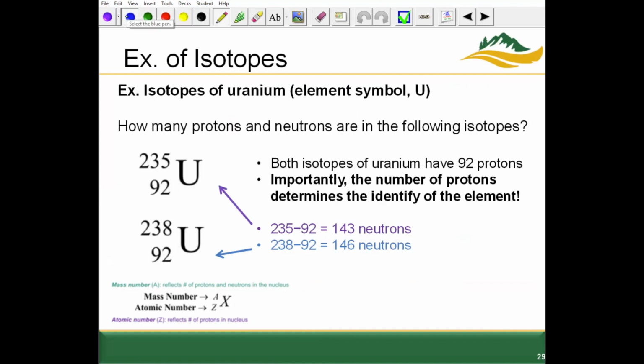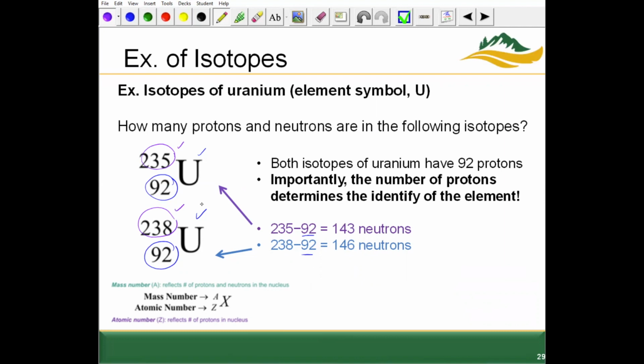What about this example now? We can identify the element based on its atomic number and the element symbol here for uranium. This atomic number tells us we have 92 protons. The mass number or atomic mass or atomic weight or that symbol A then will change because now we're dealing with isotopes of uranium.